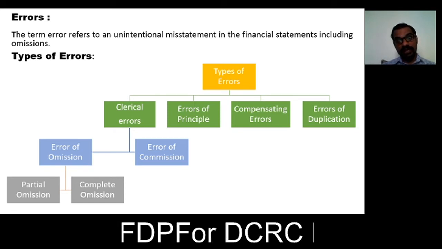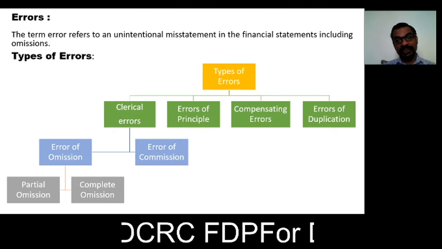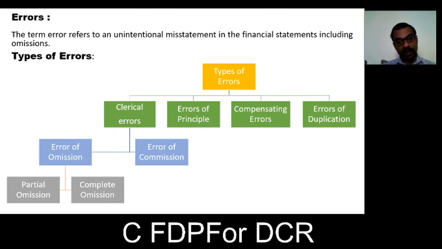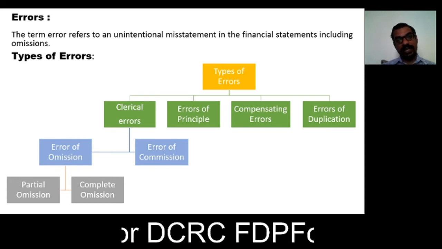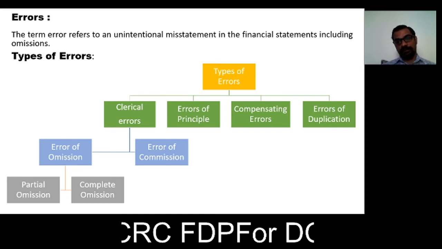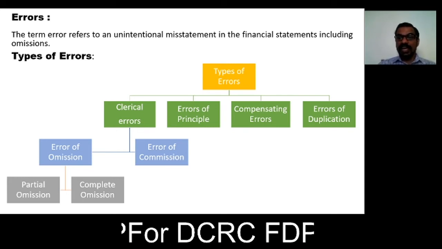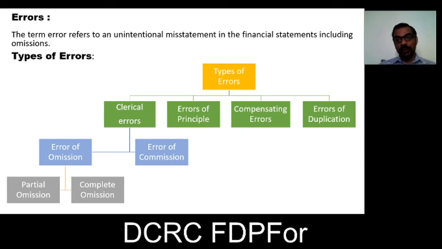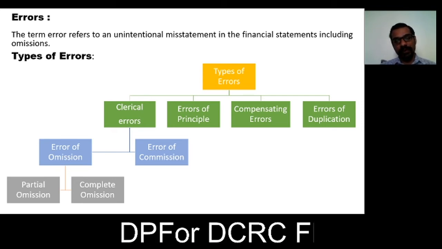Means when the two effects of the transaction are recorded twice in the original entry book, and from that they are posted twice in the ledger accounts, at that time the error created is called the error of duplication.